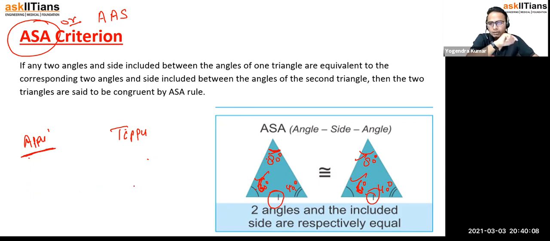This is more than enough to cover both criteria, because they are actually the same. For ASA, you can provide two angles and the included side, or any two angles and one of the sides. That is more than enough.